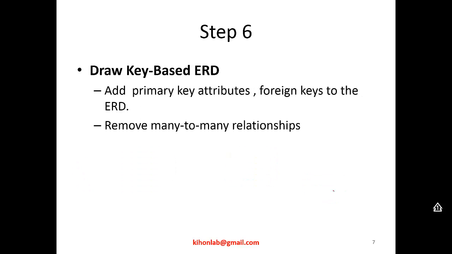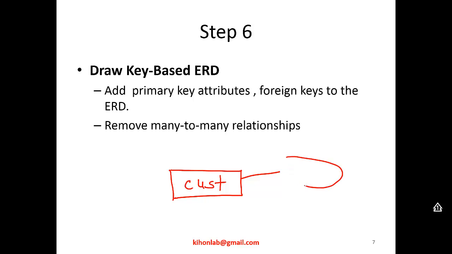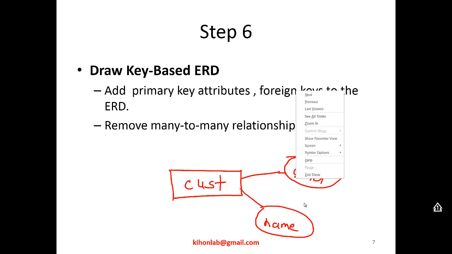Now draw the key-based ERD. So here we add keys when we are drawing the entity relationship diagram. You write the entity in the rectangular box and its relative attributes in ellipses. So here I have customer ID and name of the customer, and primary keys are represented underlined.